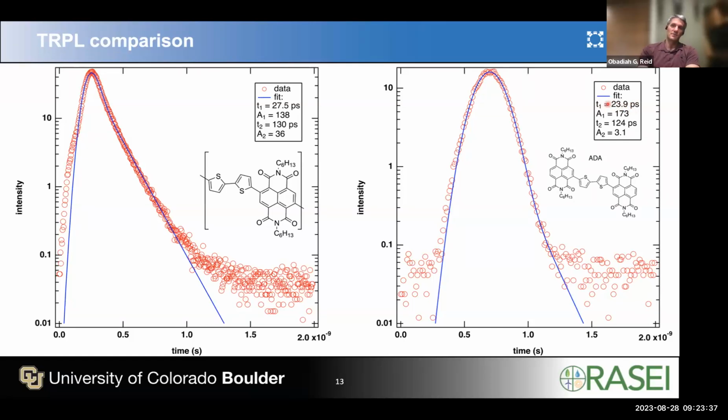The dominant one is 25-ish picoseconds in both cases, and then the longer one, 125 picoseconds. So, on net, the N2200 is just slightly longer lived than the ADA solution.